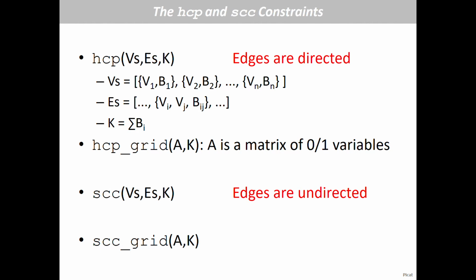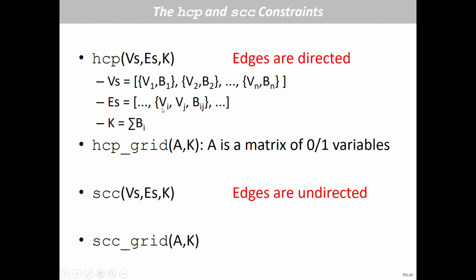The HCP constraint takes 3 arguments: VS, the set of vertices; ES, a set of edges; and K. Each vertex vi comes with a characteristic variable bi. So bi is 1 if and only if the vertex is in the subgraph.